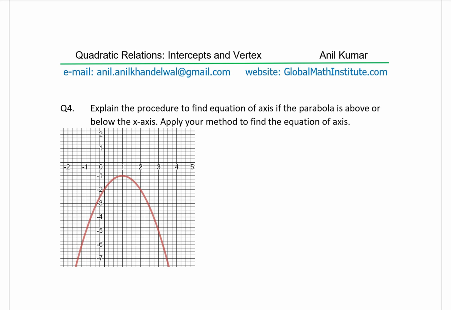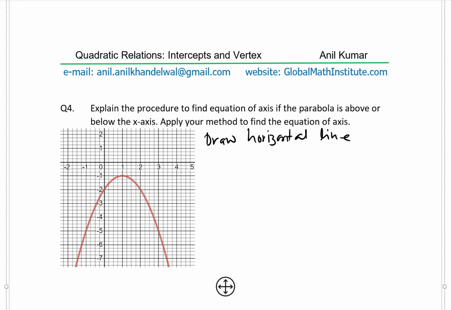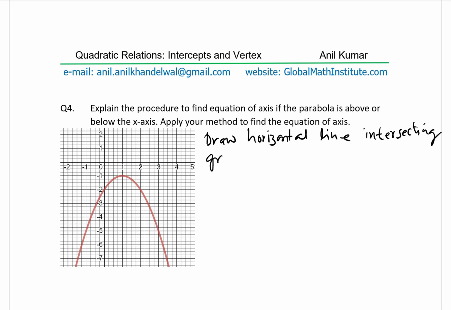So step number 1 is draw a horizontal line. Now you could draw a horizontal line anywhere, but the idea is we have to draw a horizontal line intersecting the graph at 2 points.